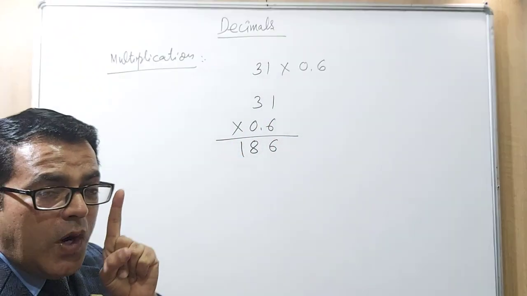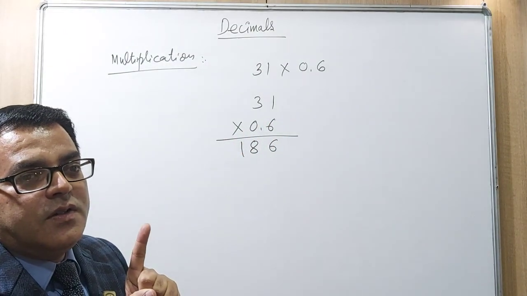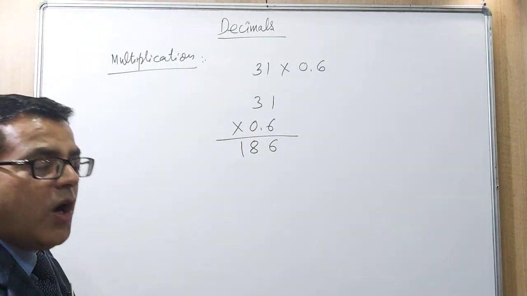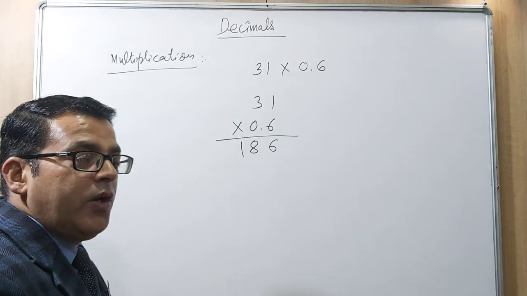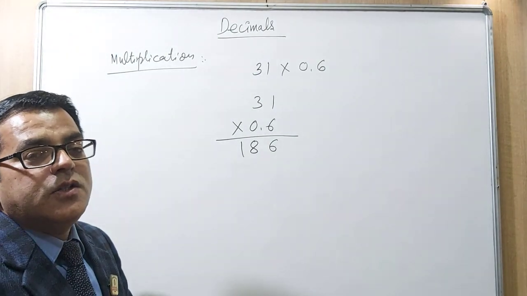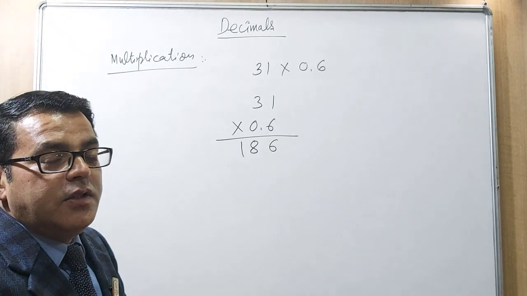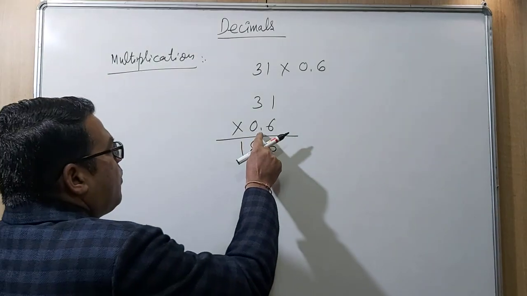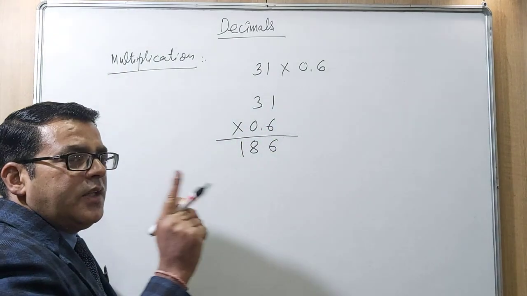It means one digit is there. Right? After decimal point, one digit is there. It means in your answer, after decimal point, only one digit should be there. This is very, very important for the decimal multiplication.